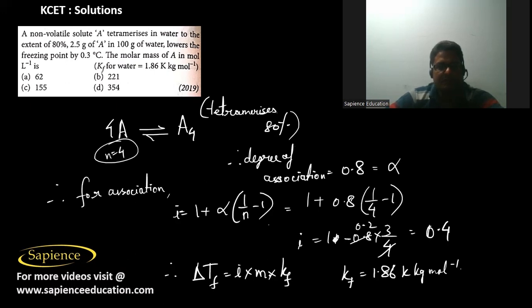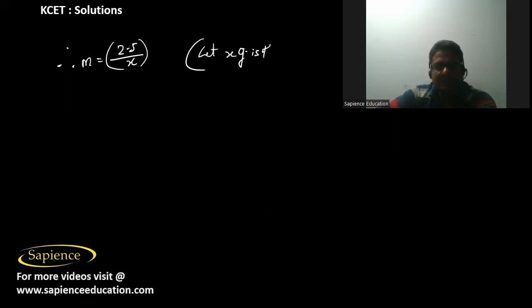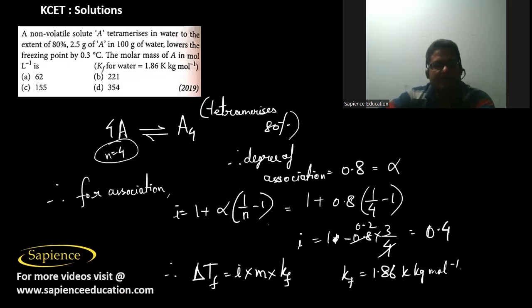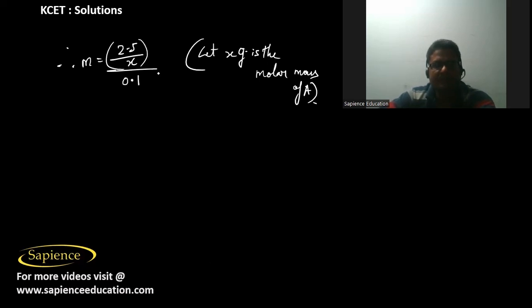The molality will be equal to 2.5 gram of A divided by X, let's say X gram is the molar mass of A, divided by 100 gram of water, so 0.1 kg of water. So the molality of the solution is 25 by X molal.